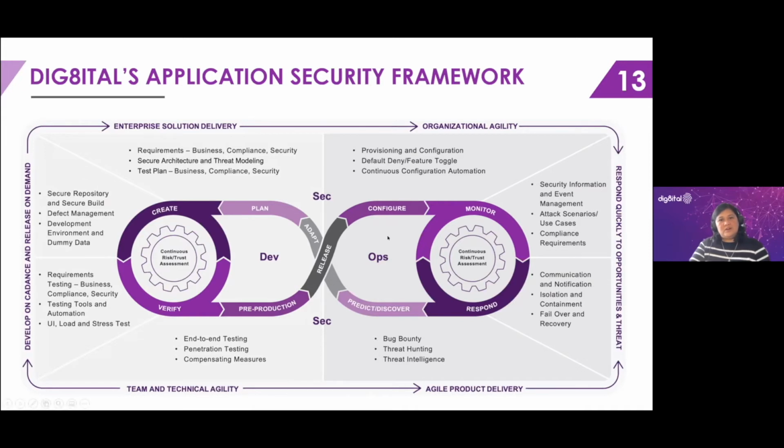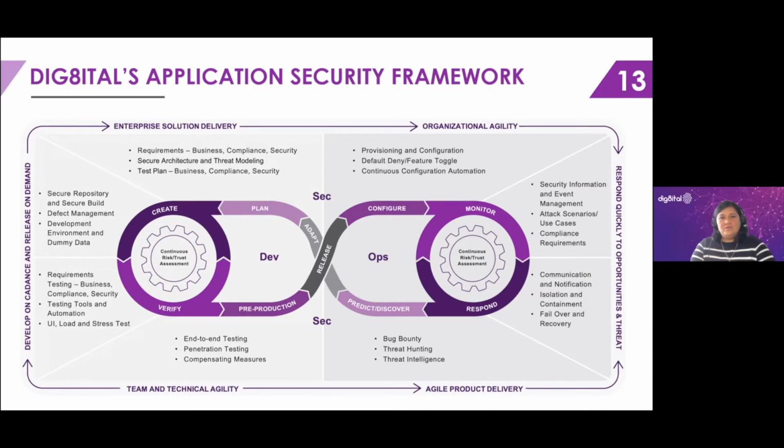So if you start on the development side, when you plan, for example, what we put in the framework would be controls to evaluate your requirements, how you define the business requirements, that you need to include compliance requirements, and then you need to include the security requirements based on the abuse cases.